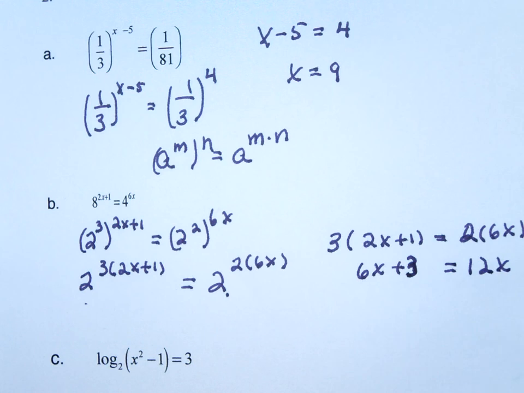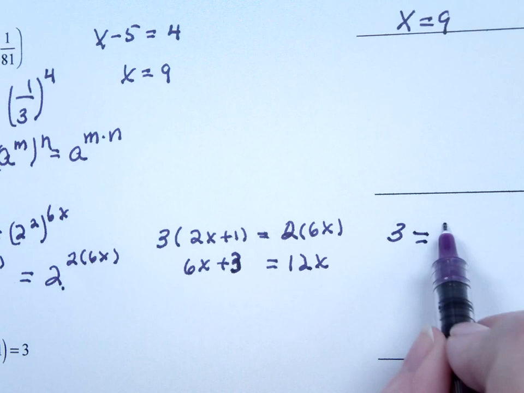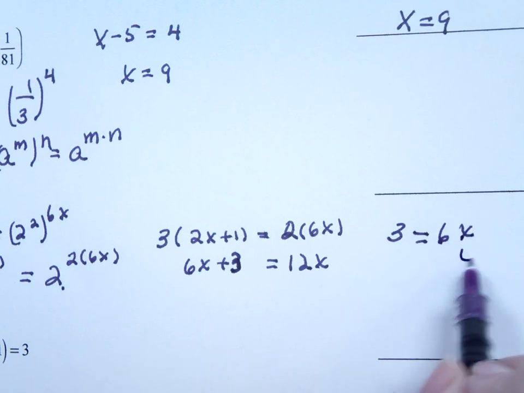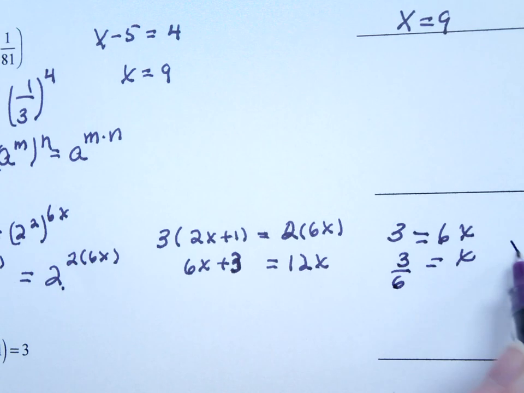Subtract 6x from both sides, I get 3 is equal to 6x, or x is equal to 3 divided by 6, so x is 1 divided by 2.